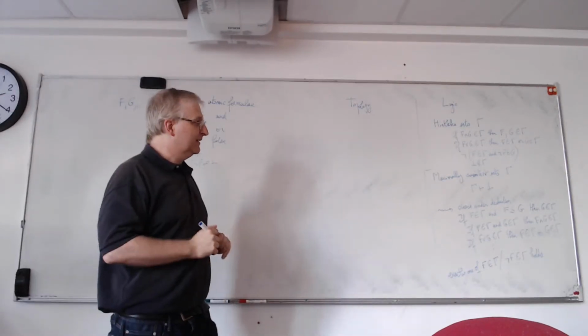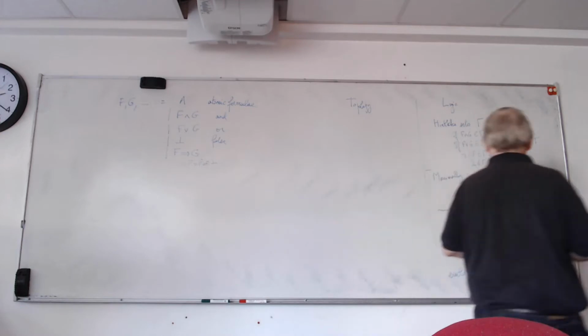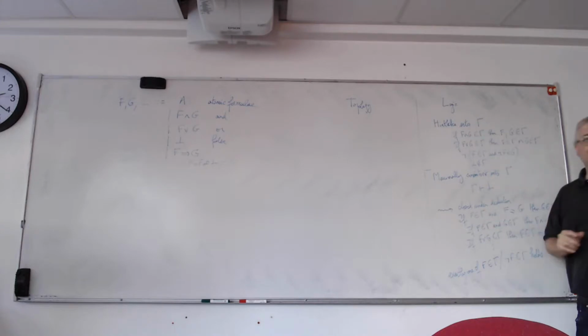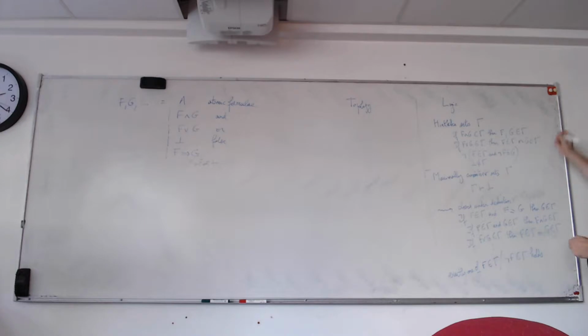My point is first to tell you what the connection between these two things is. So maximally consistent sets are prime sets. But conversely, every prime set is included in a maximally consistent set.